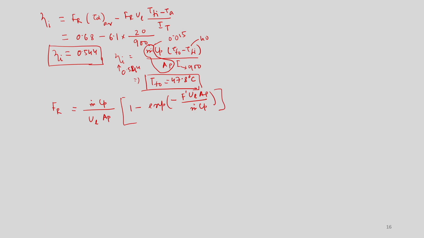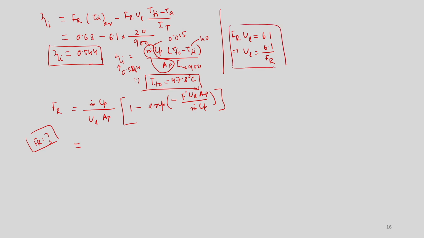Now we need to find out what is FR. UL we can omit here, since we already know the value. FR UL is equal to 6.1, so UL will be 6.1 divided by FR. We can use this here.